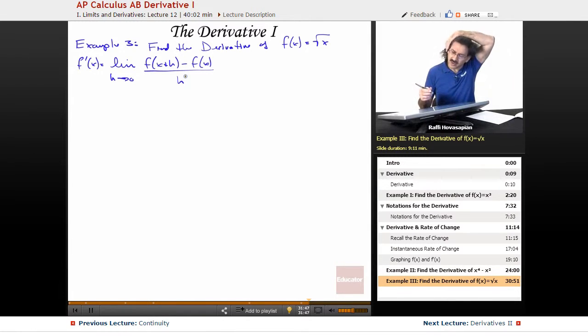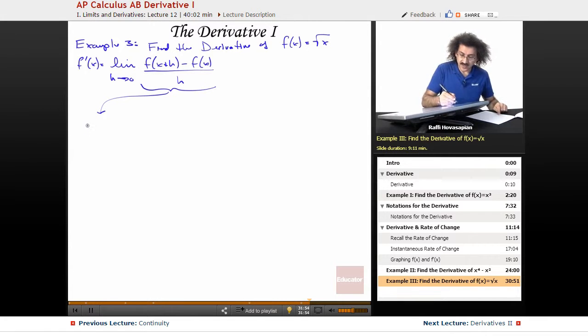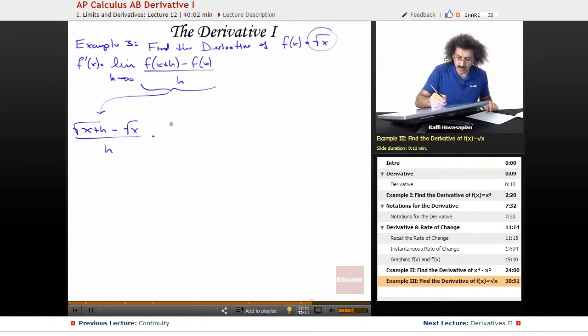Okay, so I'm not going to write the limit over and over again, so I'm just going to work with the function. So radical x, so f of x plus h is radical x plus h minus radical x, divided by h. I have to manipulate it, so I'm going to multiply by the conjugate of the numerator.